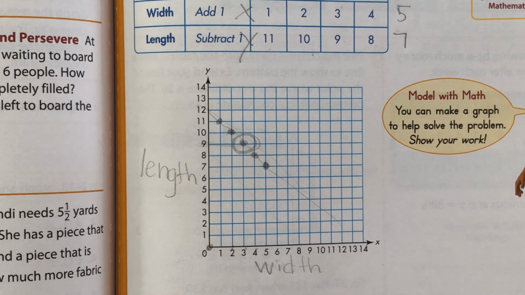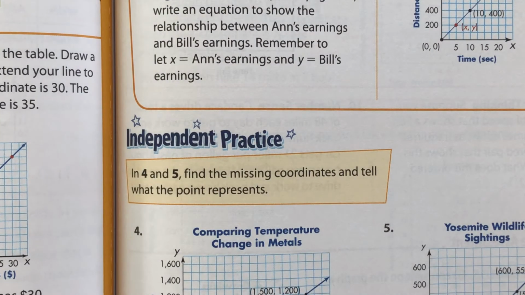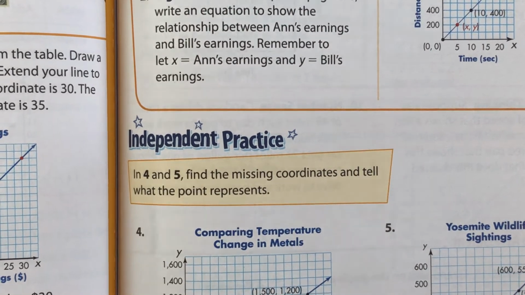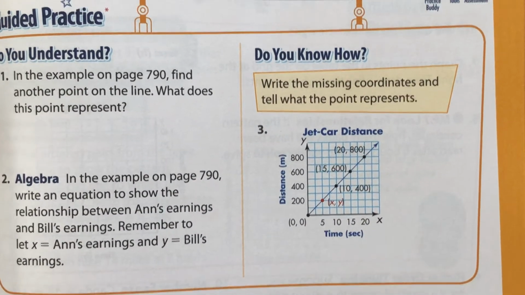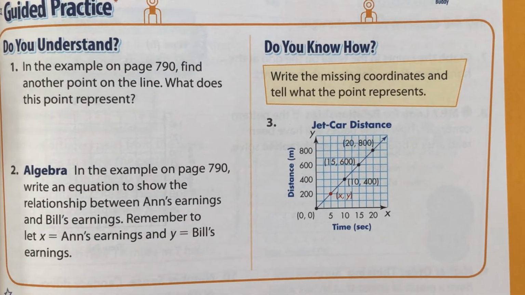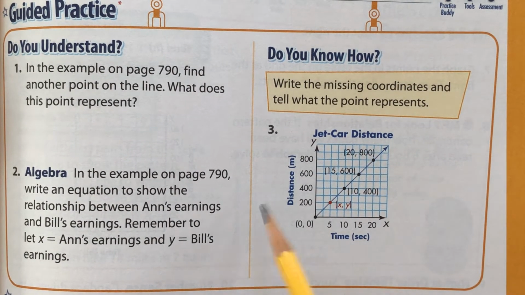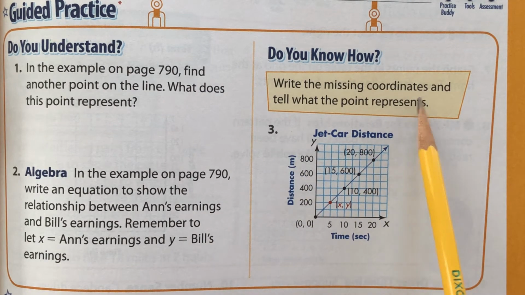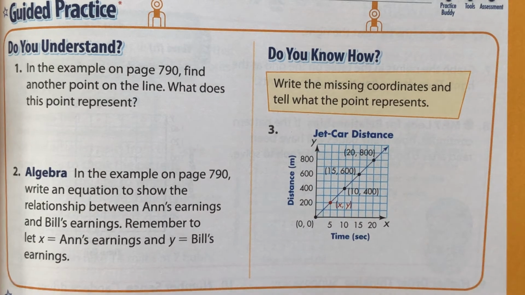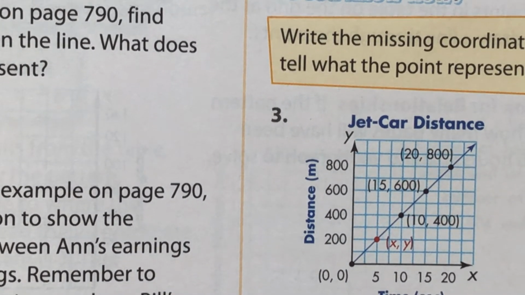So I'm turning my page now to page 791, okay? And again, I am in my workbook, page 791, if you would like to follow along. So let's look at problem number 3. It says, write the missing coordinates and tell what the point represents. All right, so let's zoom in a little bit.